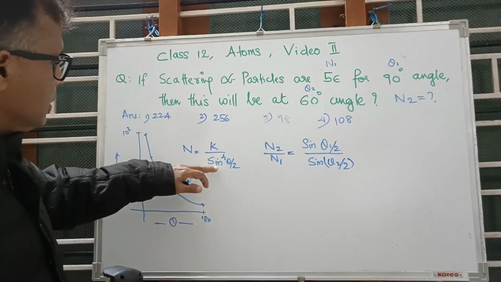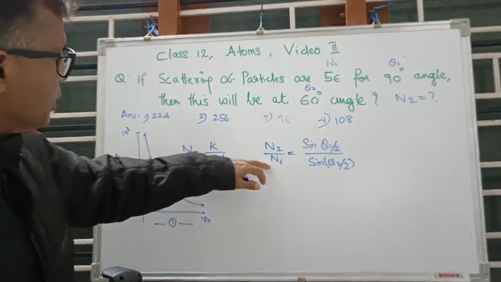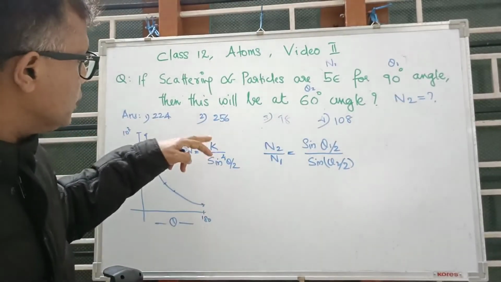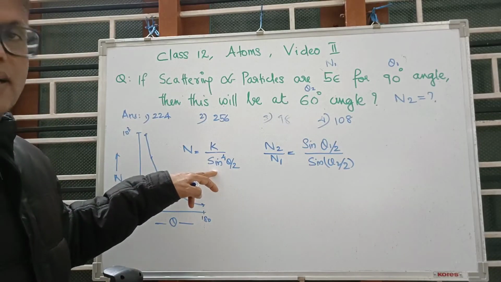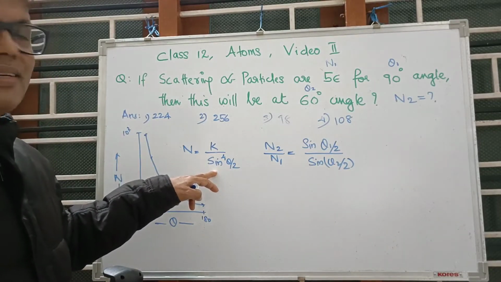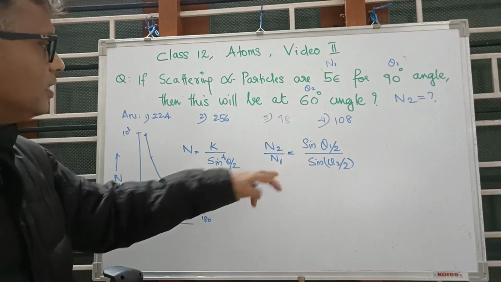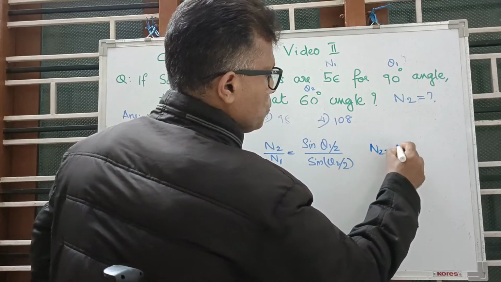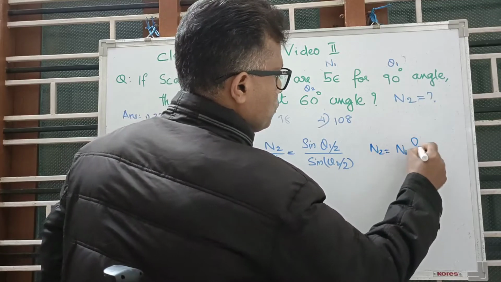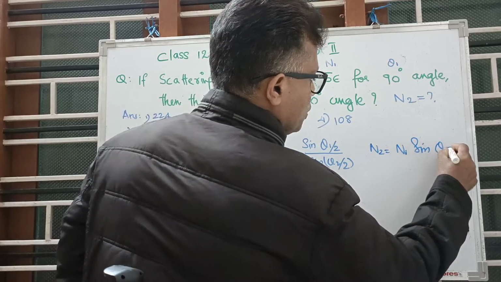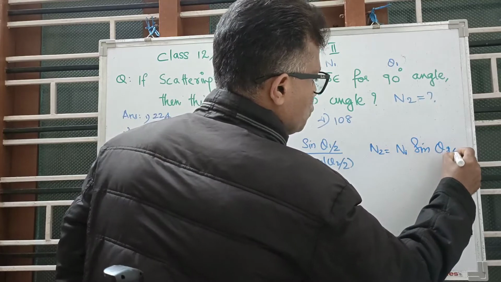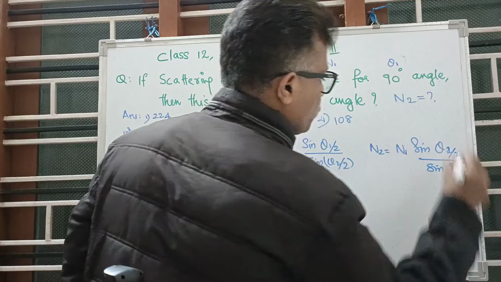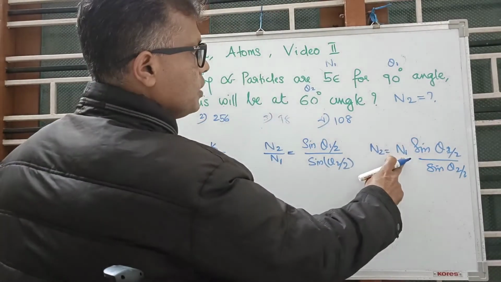Because sine theta 1 goes up and sine theta 2 comes down, since it is inversely proportional. So N2 is equal to N1 into sine raised to 4 theta 1 by 2 divided by sine raised to 4 theta 2 by 2. I'll just put the values there.